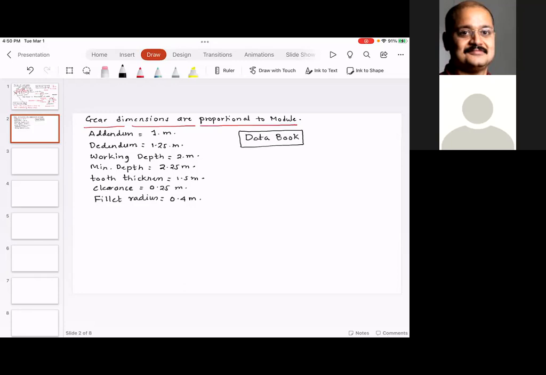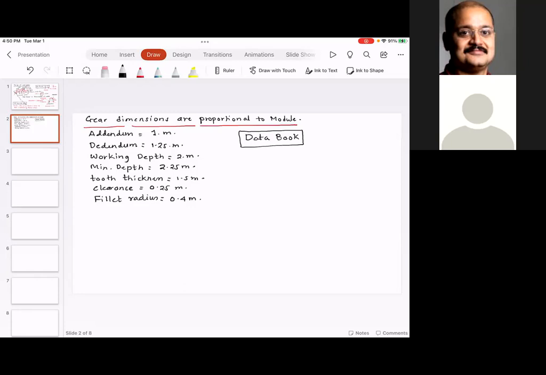In chapter 28, we just looked at external and internal gearing, the different terms used in gears, and the condition for constant velocity ratio, which is the law of gearing. And then please look at table 28.1.